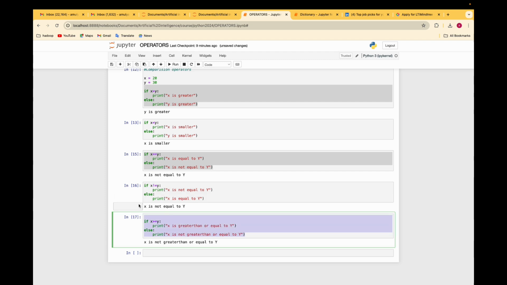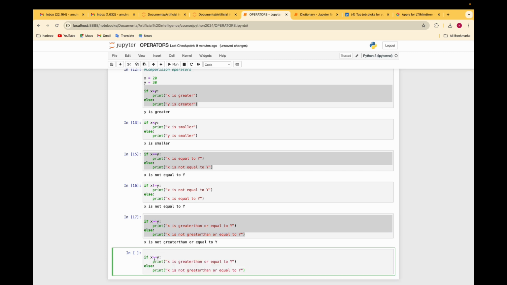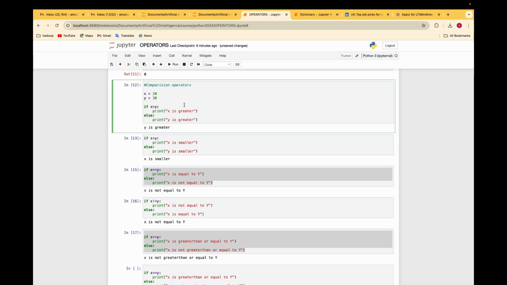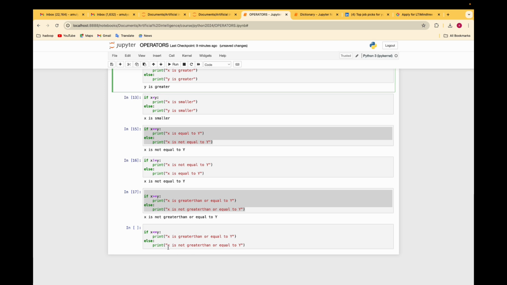Okay, let's consider the same example. I will say x less than or equal to y. Let's suppose I consider 20, both are equal.